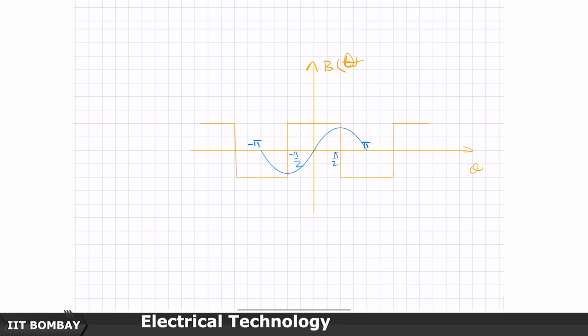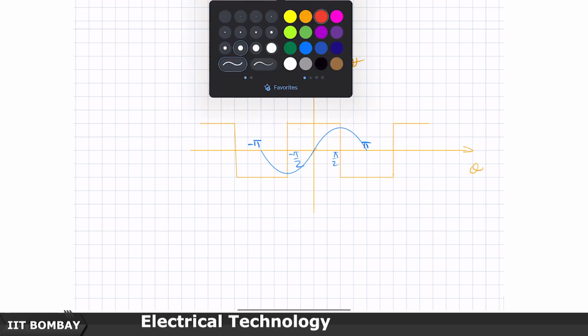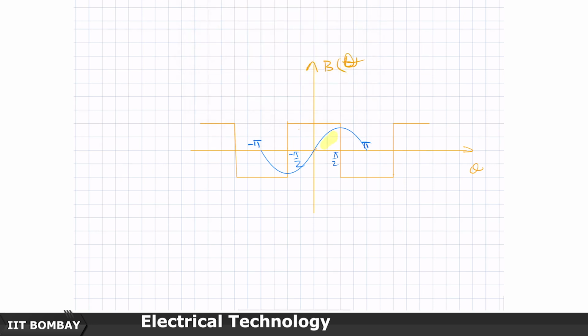Then you can see that this area cancels out in the integration that I am going to do for calculating b of 1.